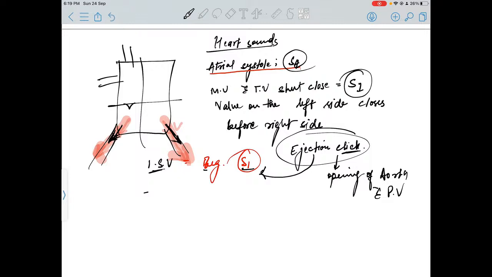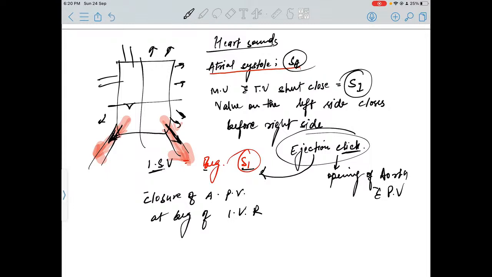Now what happens is the closure of the aortic and pulmonary valve at the beginning of isovolumetric relaxation. When the heart starts to relax, these valves snap close, and this gives us the sound of S2, which is the second sound.